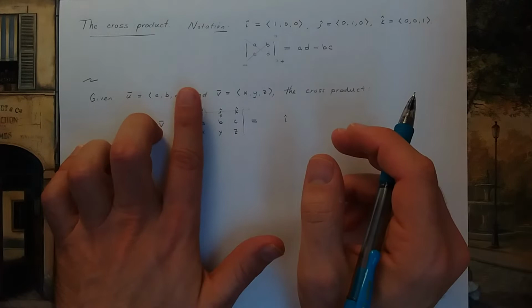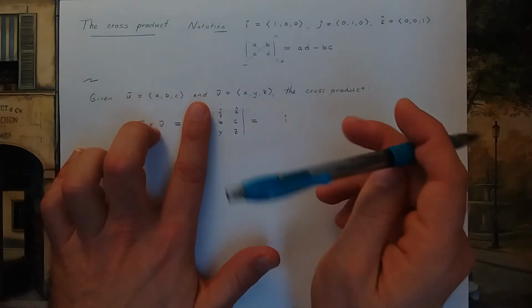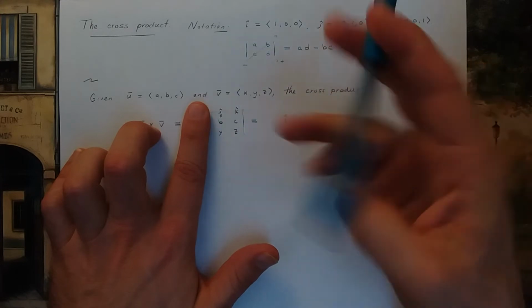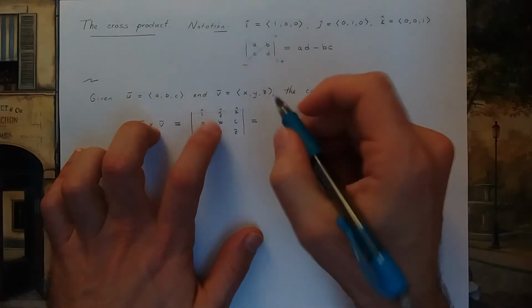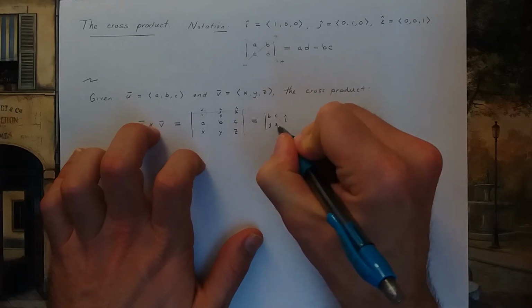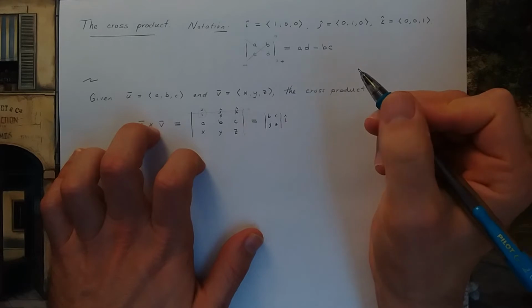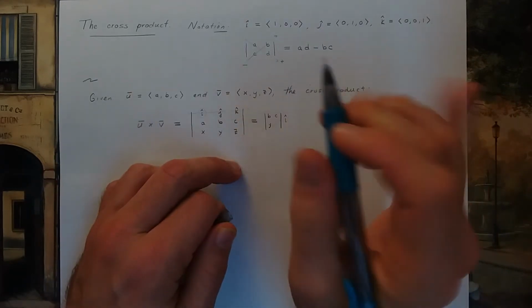So I'm going to cross off with my finger this column, and I'm going to cross off the top row, and I'm left with a 2 by 2: b, c, y, z. That will be the coefficient of i hat.